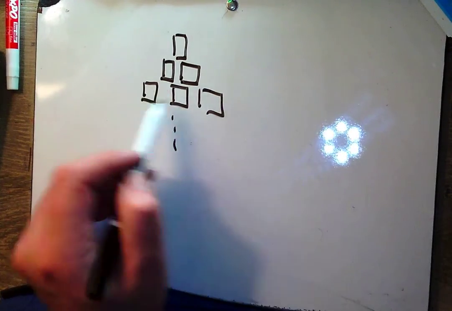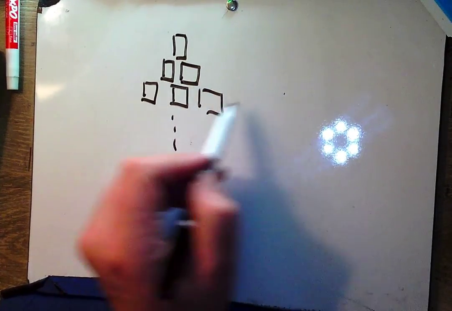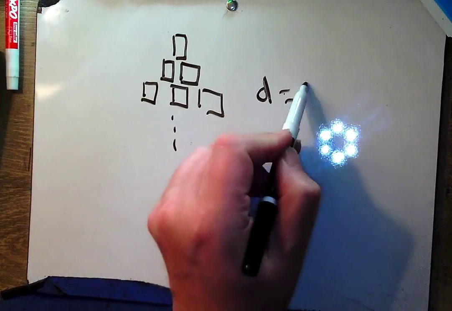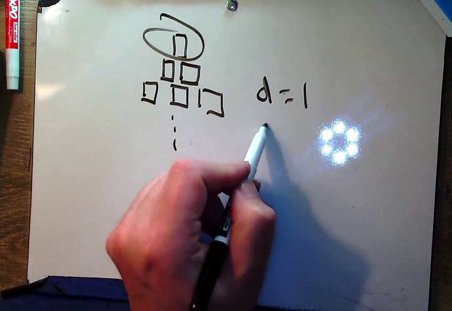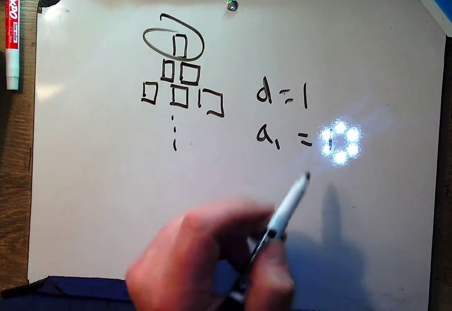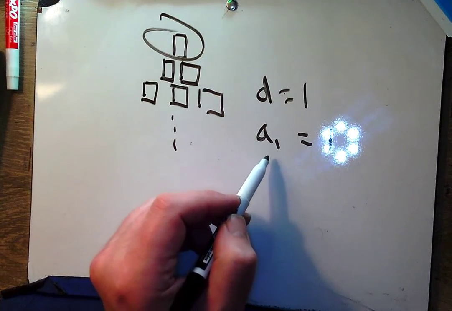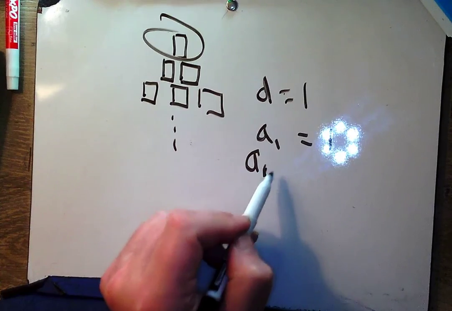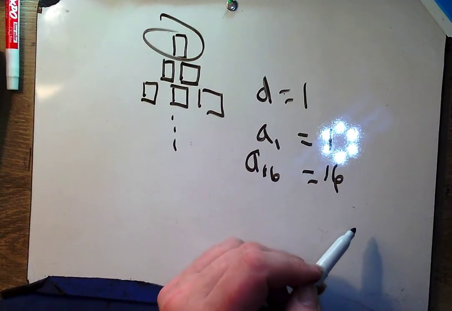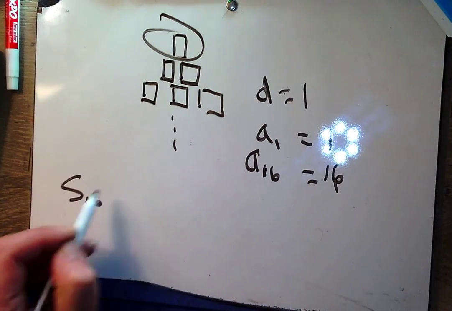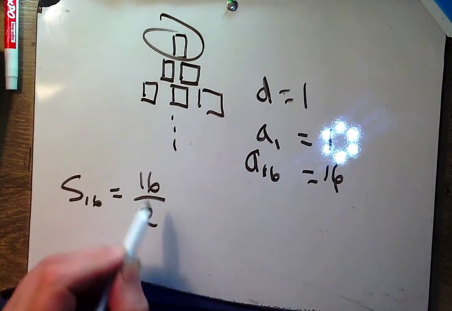Okay. So I can see here that I'm going up by 1 can each time. So I know my d is 1, and my a sub 1 is also 1. And I want the sum of 16. A sub 16, right? So on the 16th row, there are going to be 16 cans. And I want to know S sub 16. So I got 16 over 2.